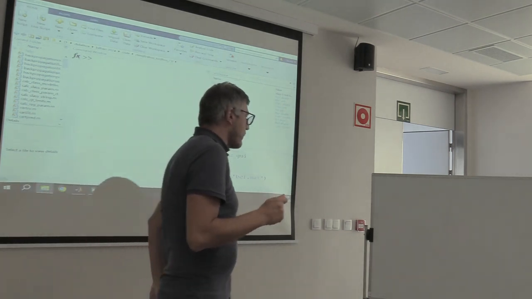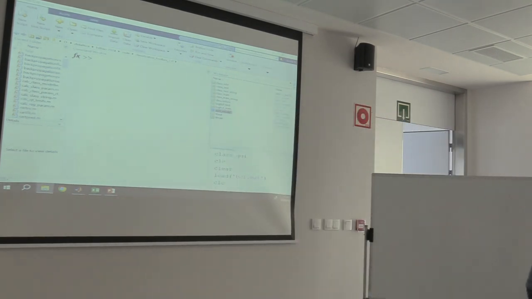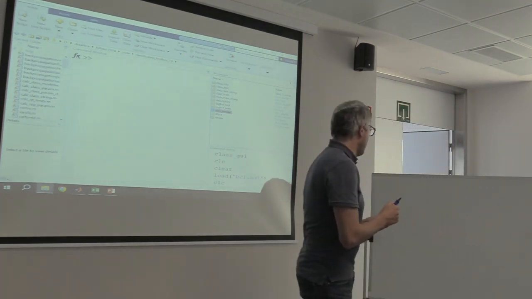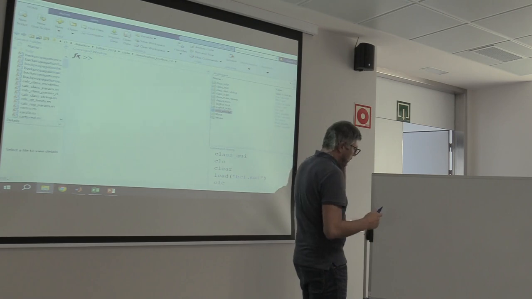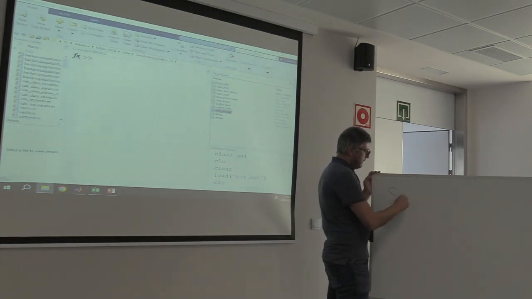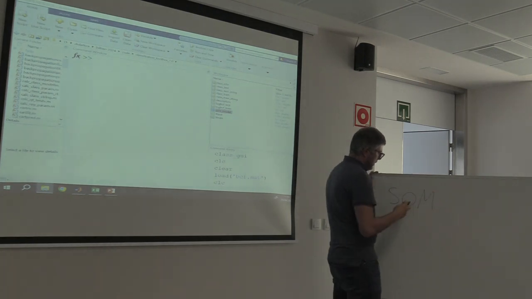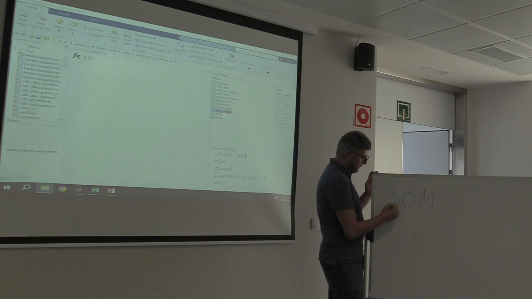I don't know if you have ever used or heard about SOMs, which means self-organizing maps. Have you ever heard about that? No?